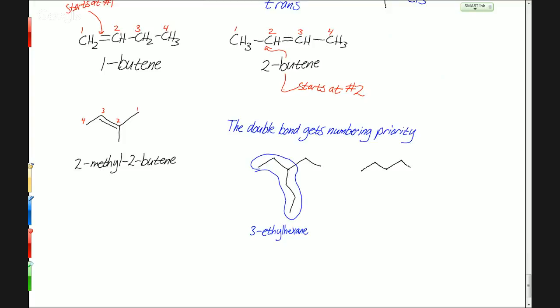But now let's say instead we have this kind of structure that has a double bond there. Actually, wait, that doesn't change our issue here. It's not a good example, so let me change this. Let's say we did this.